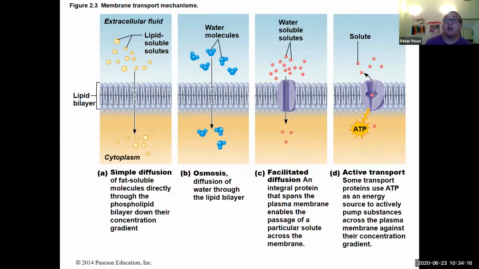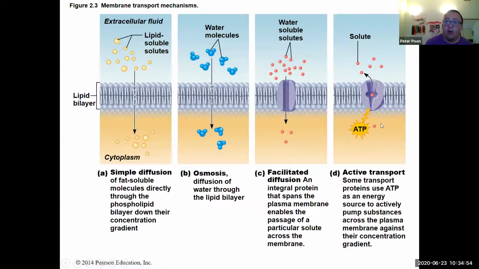Active transport. You're actively transporting things, and that requires an energy molecule called ATP. I'm sure most of you learned what ATP was in high school. ATP is the energy currency of the cell, so when a cell wants to use energy, it pays with ATP. Active transport always pumps substances across the plasma membrane against their concentration gradient.